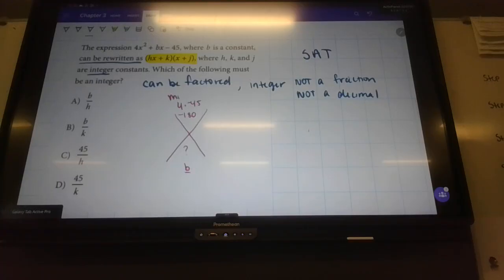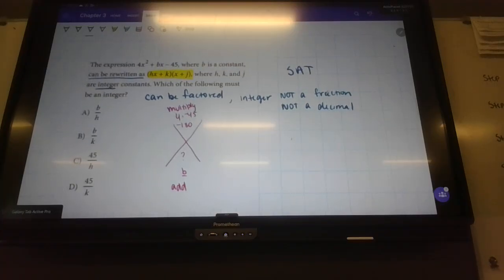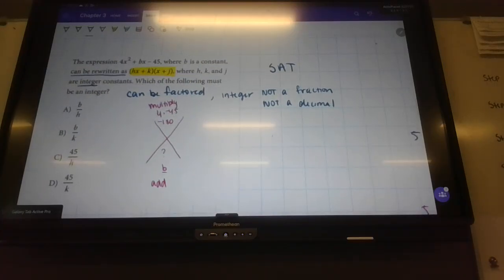We need to multiply to negative 180 and add to B. We can also just try different possibilities, right? We know in our first x's that it has to multiply to be 4, so maybe it's 2x times 2x. Is there any other situation that it could be besides 2 and 2? No.